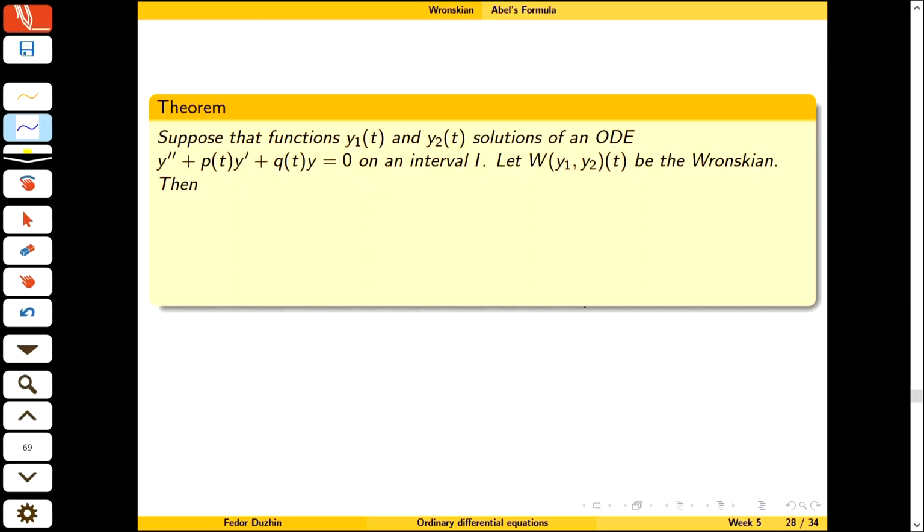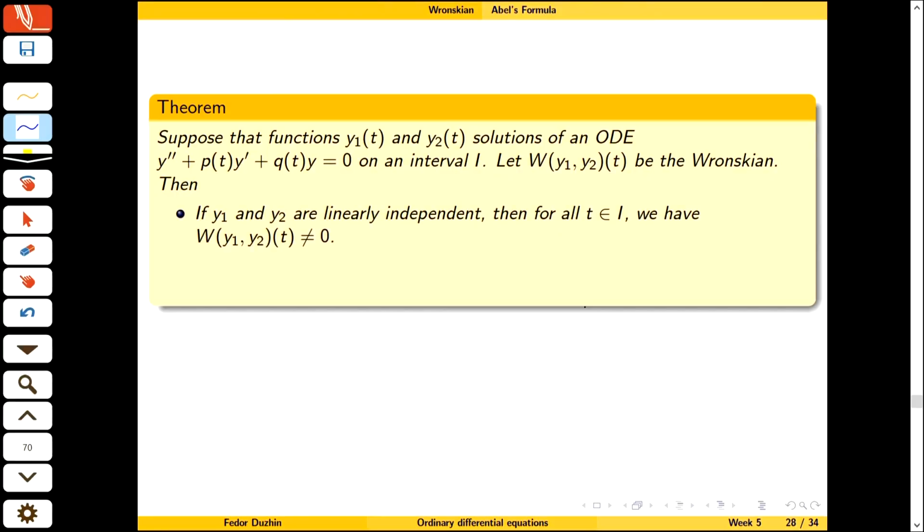Okay, now another theorem. Suppose that functions y1 and y2 are solutions of a homogeneous linear second order differential equation on some interval I. And let w be their Wronskian. Then there are two possibilities.